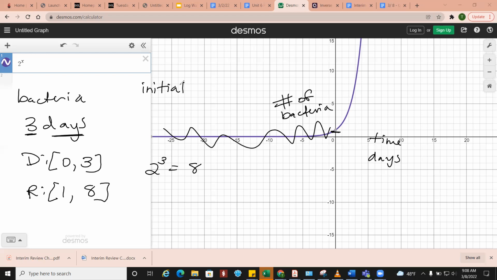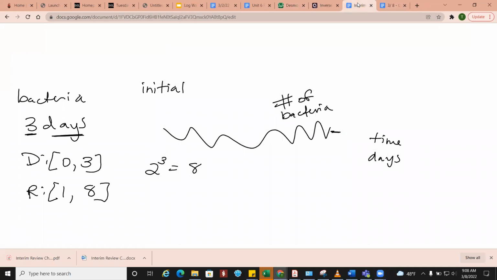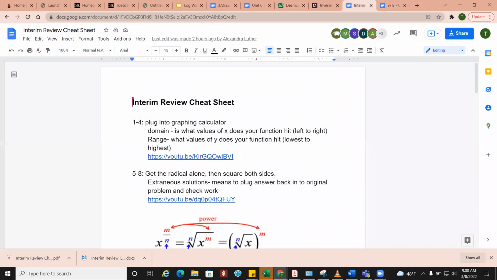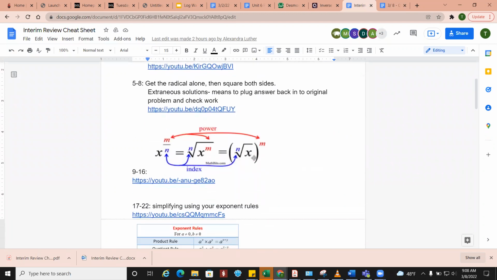All right, so going back to our little cheat sheet. Even if you need a little bit more practice, there's a YouTube video right there from previous years, so you can totally look at that as well. On numbers 5 through 8, you're going to get the radical alone, square both sides, and then check for extraneous solutions.